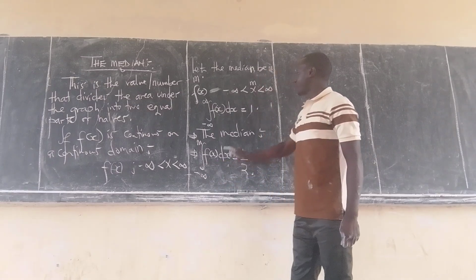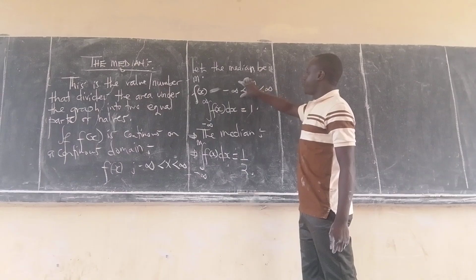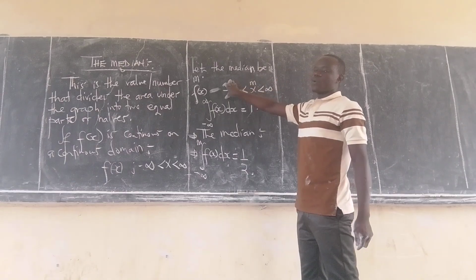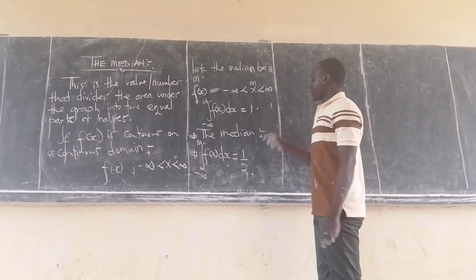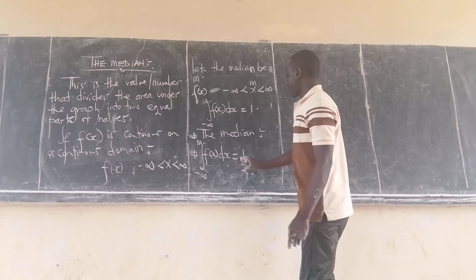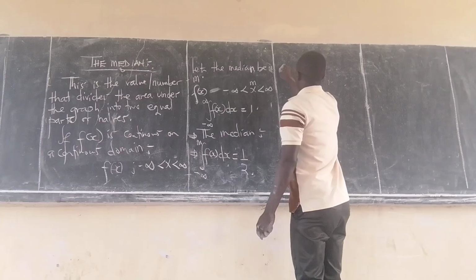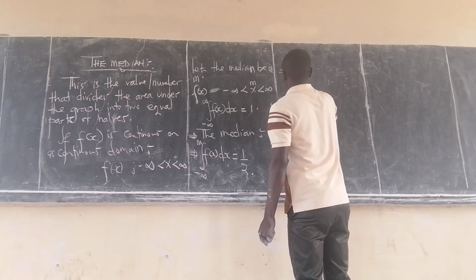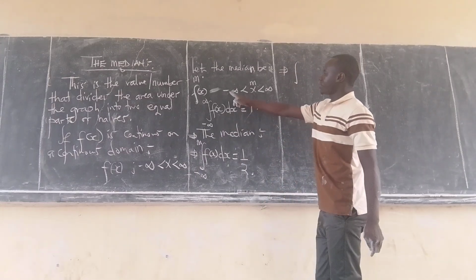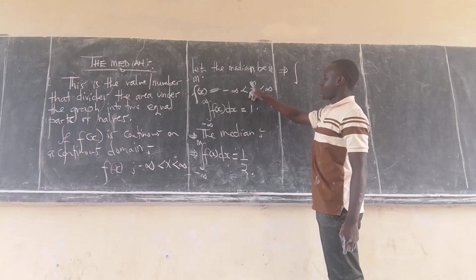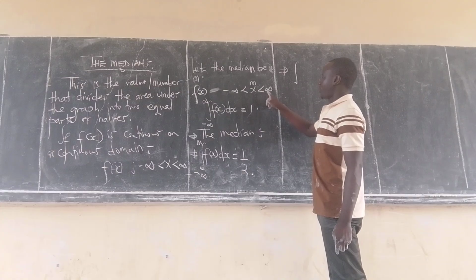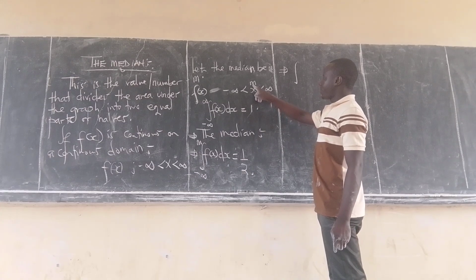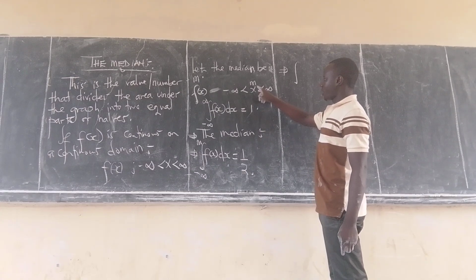Now, in some textbooks, because this median must divide this continuous domain into two equal parts, someone may define this differently: we started by integrating from this to this, and the answer was a half. Now we can integrate from this m up to this, because when you compare m and this, m is smaller than this.